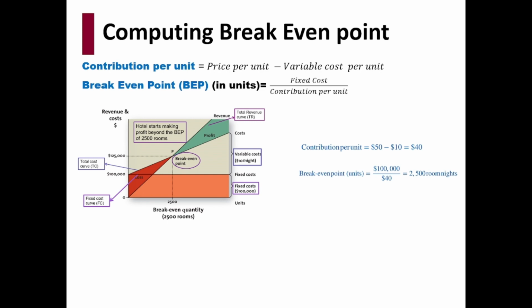And then we can use the formula to find out the break-even point, which is the total fixed cost, 100,000, divided by the contribution per unit, which is $40 per room per night, and the break-even point is 2,500 room nights.